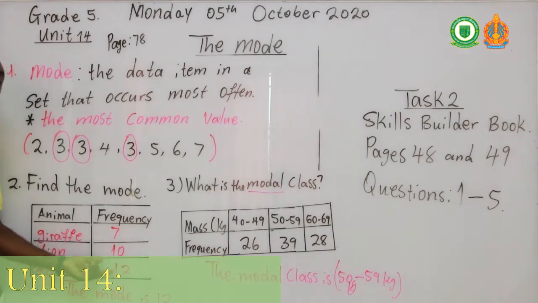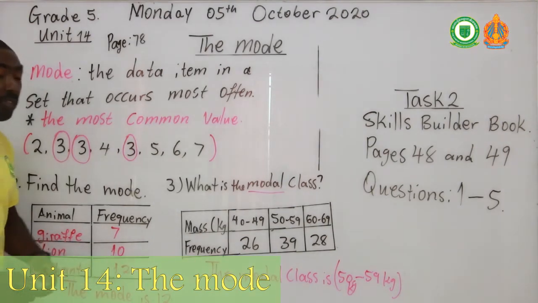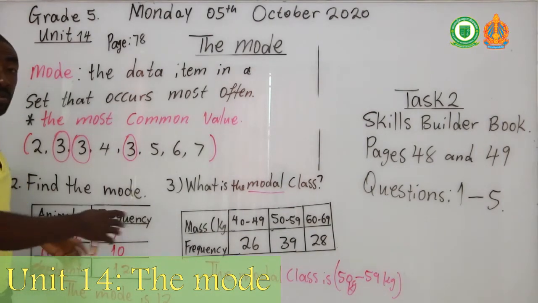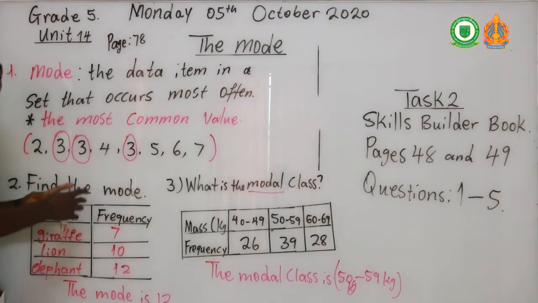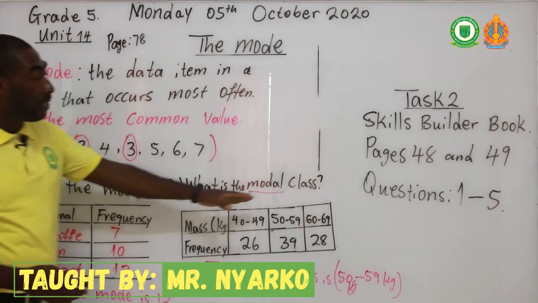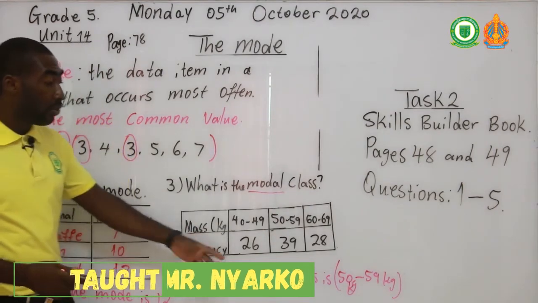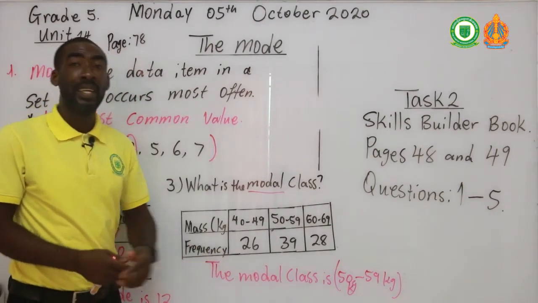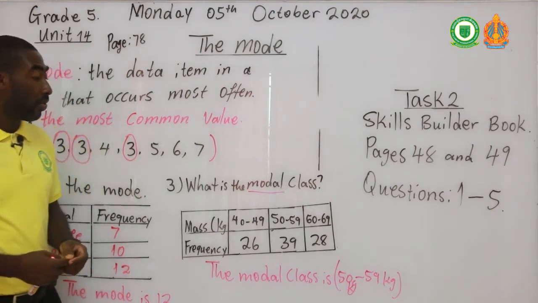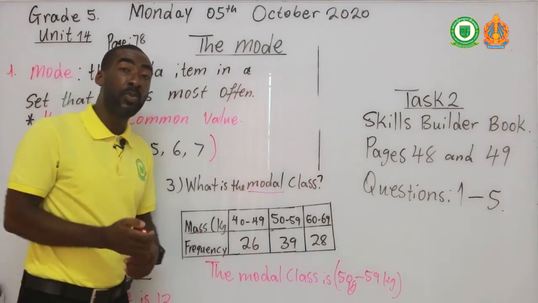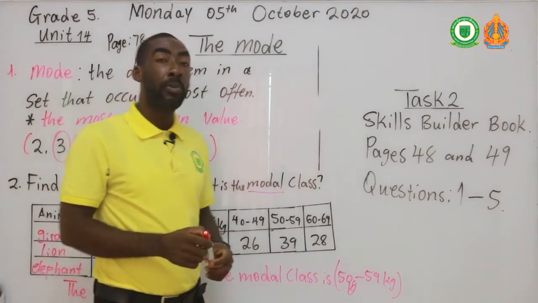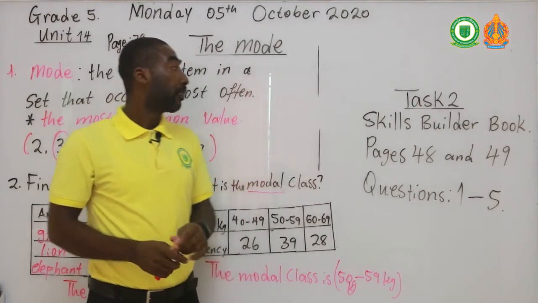That means the highest number that you find, okay? So these are the two relationships between using the word mode and using the modal class. But it all relates to the one with the highest count, okay? So the one with the highest count will always be your mode or your modal number.